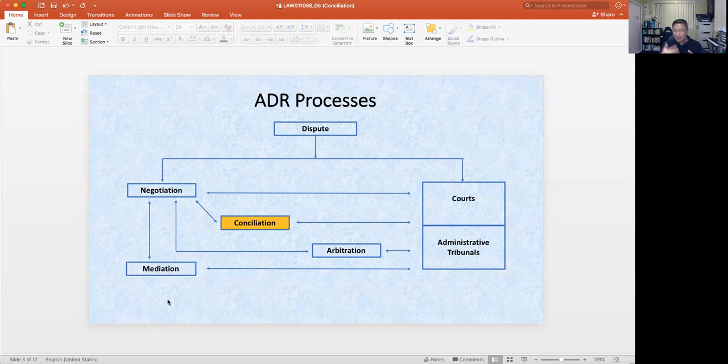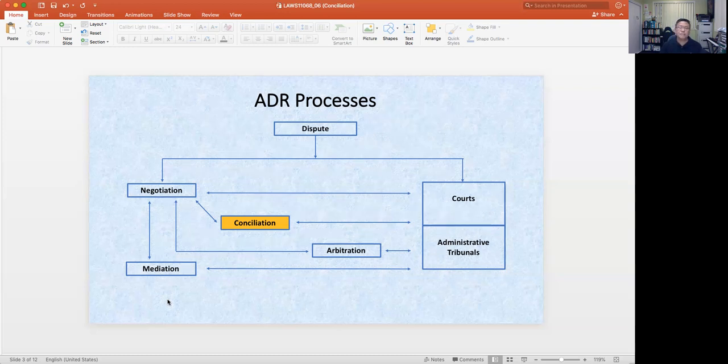But the mediator, the one in the middle, does not provide any advice as to who is right or who is wrong, but just tries to get the parties to talk to each other to reach a settlement. In a more formal context, that's what the mediator does, as we've previously discussed.